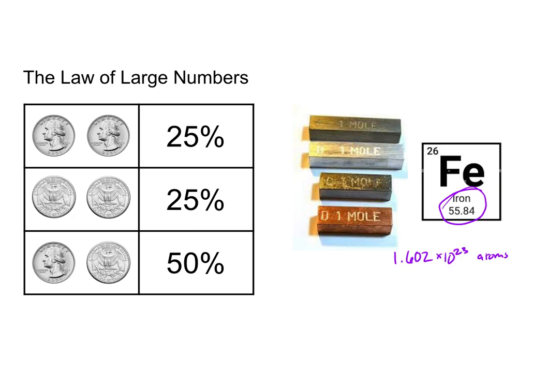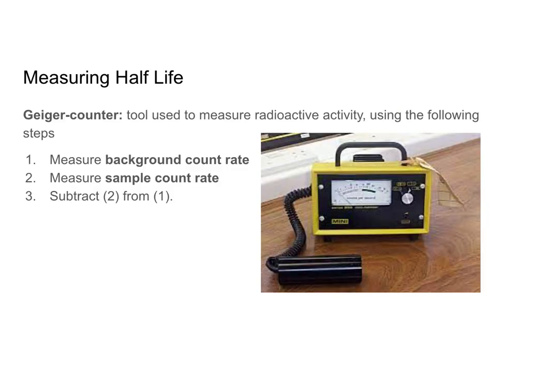That, of course, is a lot more than 2 atoms, or 2 coins. And so when I'm looking at numbers of atoms on that scale, it's very, very likely that I am going to see that half-life equation play out perfectly, where half of my atoms decay after one half-life has elapsed, and another quarter decay after the next half-life, another eighth after the third, and so on. So again, just keep in mind when we're doing this, we're looking at very large numbers.